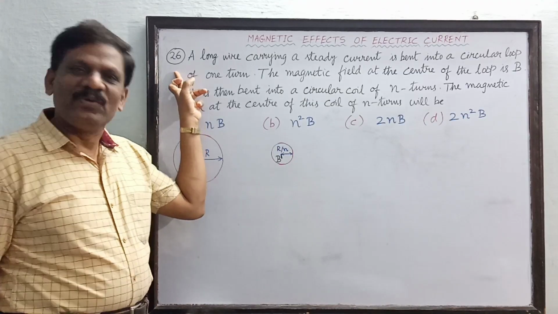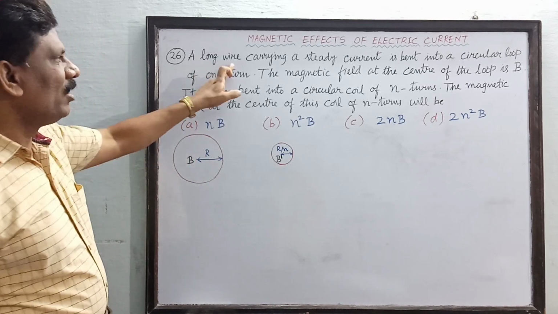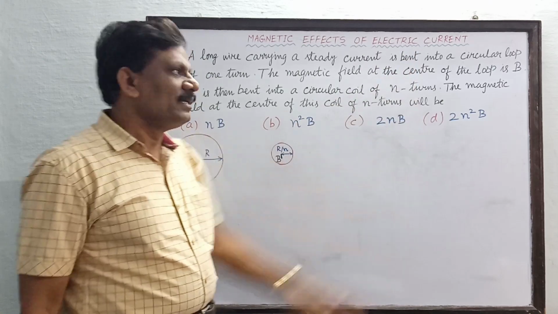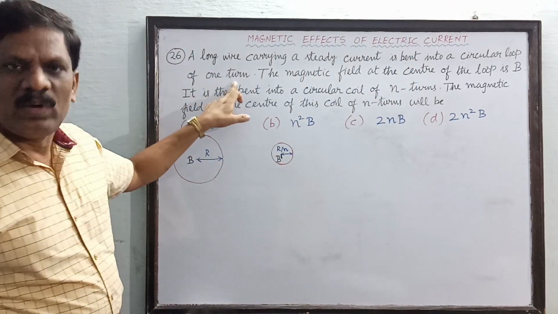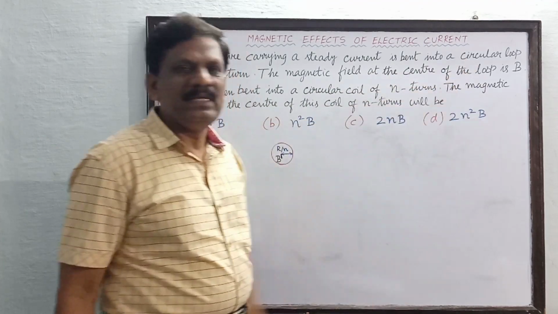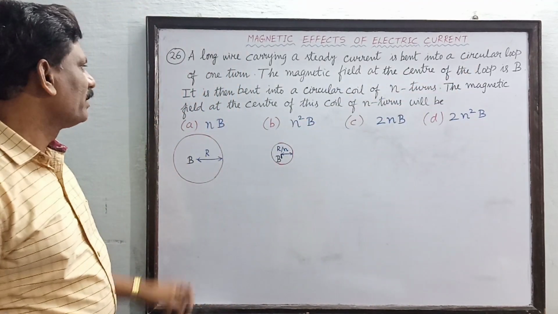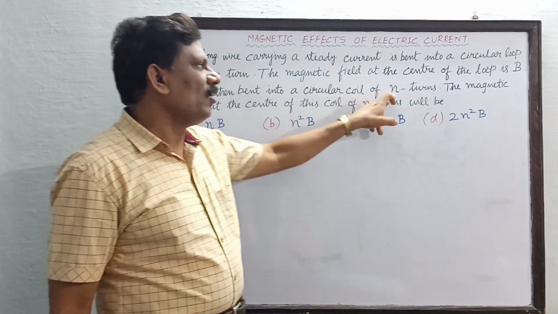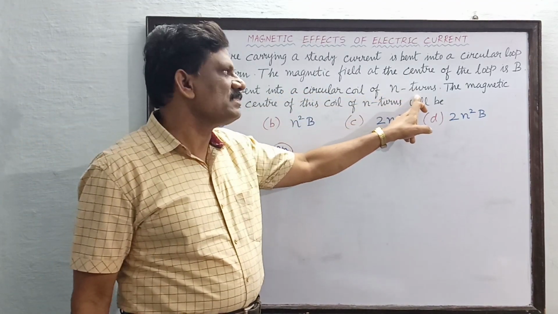Problem number 26. A long wire carrying a steady current is bent into a circular loop of 1 turn. The magnetic field at the center of the loop is capital B. It is then bent into a circular coil of n number of turns.